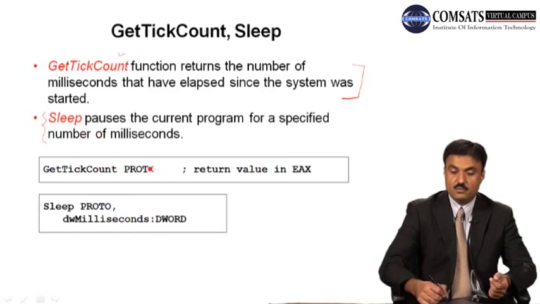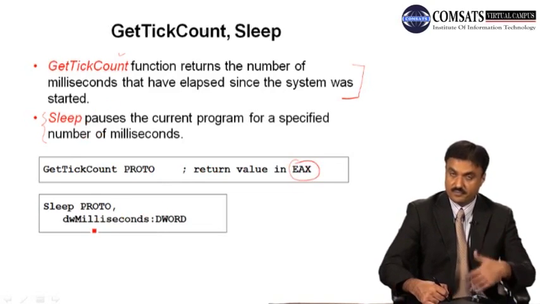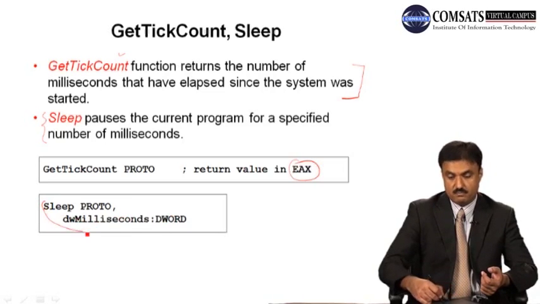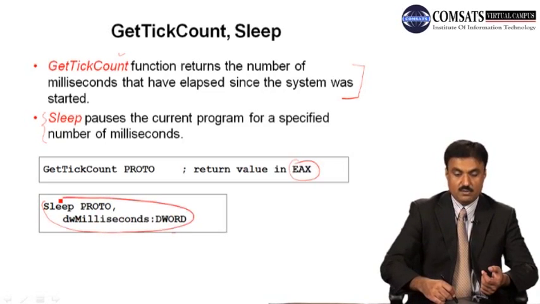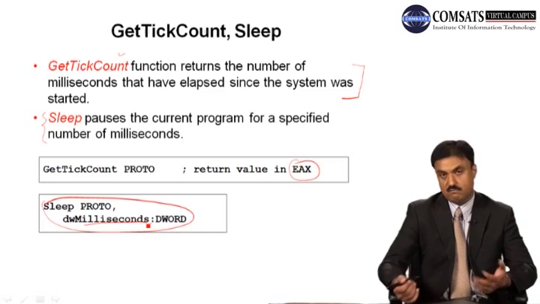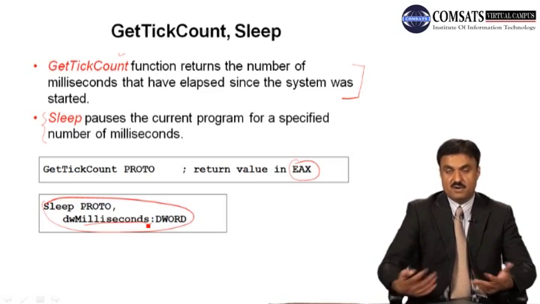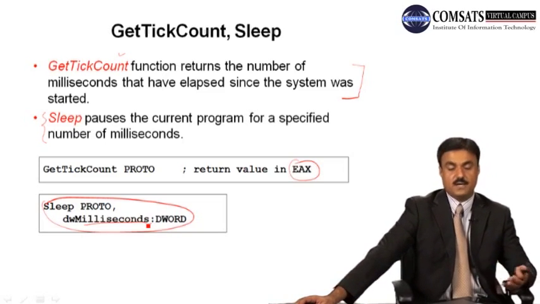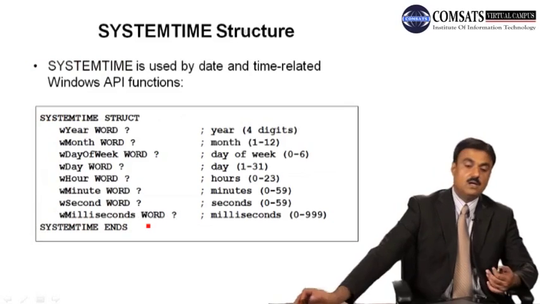The GetTickCount prototype will return the value in EAX, the tick count after system startup. And the Sleep prototype accepts only one value, the milliseconds in a doubleword. If you define a number of milliseconds, it will sleep for that time, or pause the thread for that time.